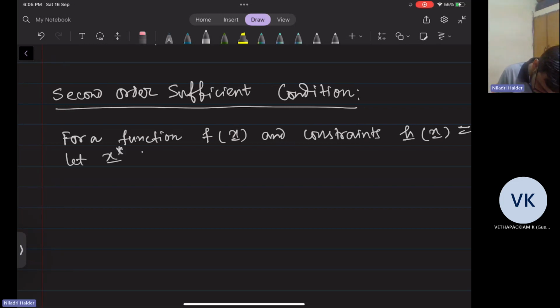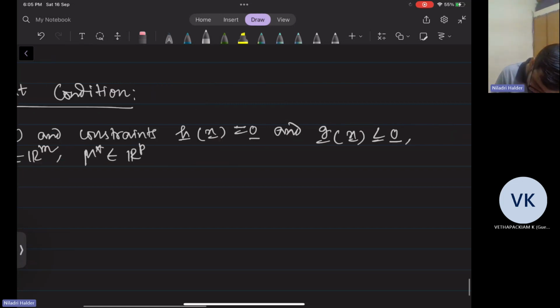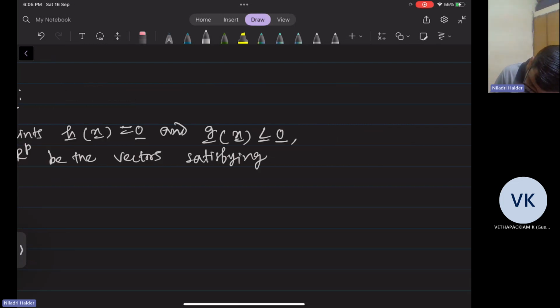Let x star belongs to R power n, lambda star belongs to R power m, mu star belongs to R power p be the vector satisfying KKT conditions.